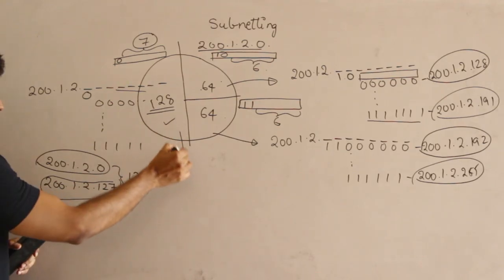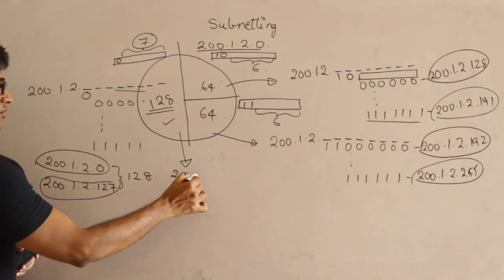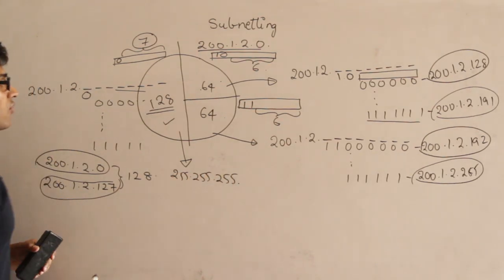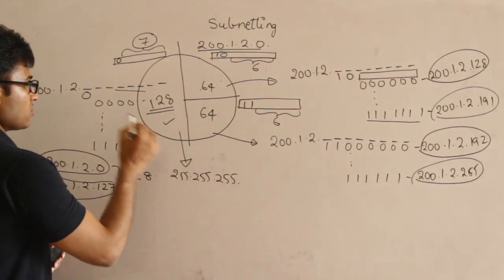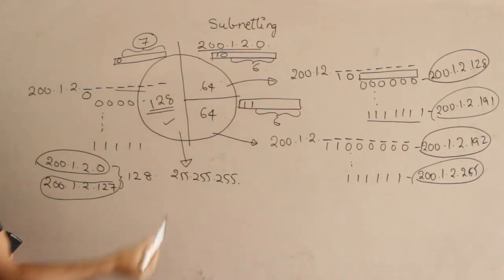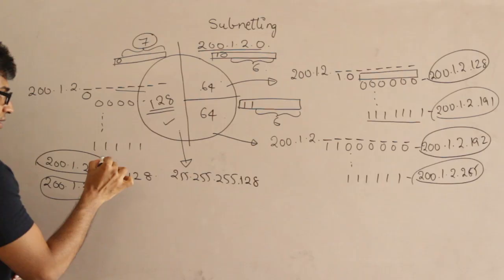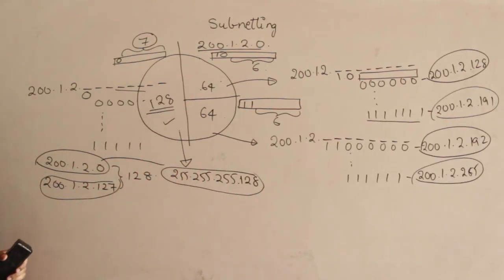Therefore this network has 24 ones, which means 255.255.255 followed by the 1 bit chosen for the subnet ID part. If I choose 1 bit and all the remaining bits are zeros, it is going to be 128. Therefore for this subnet, this is the network ID and this is the subnet mask, right?